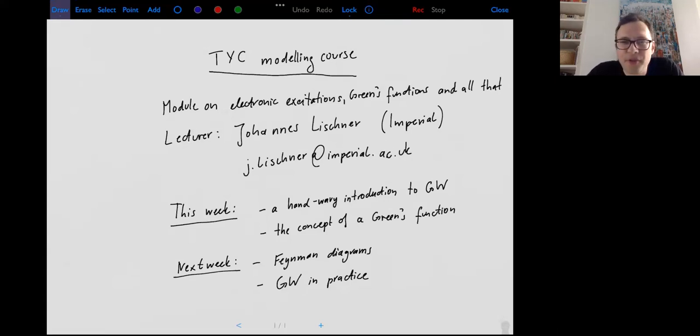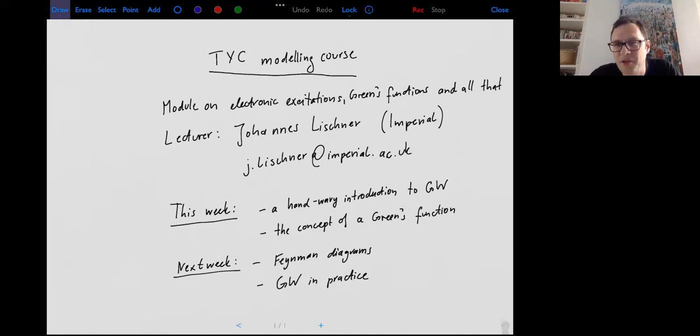One of the modules of the TYC course, and I guess if you've been in that course, you've seen all sorts of cool stuff. This is now a module focused on understanding electronic excitations, Green's functions, and all of that stuff that, if you're familiar with DFT, you maybe hear about, but maybe you're not quite sure how it actually ties together.